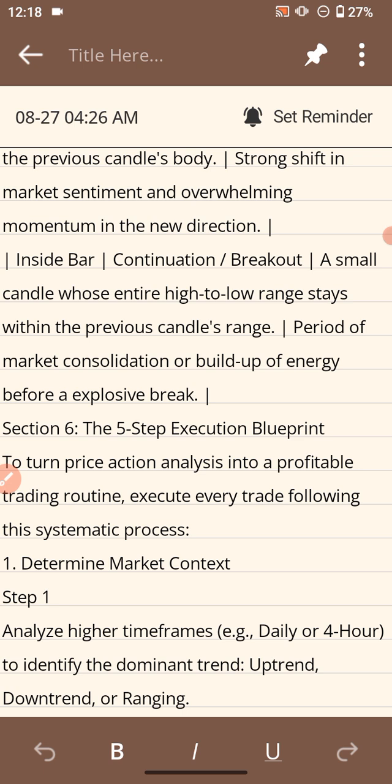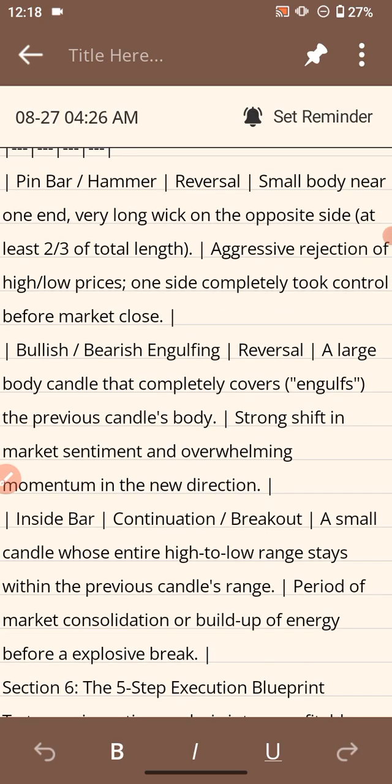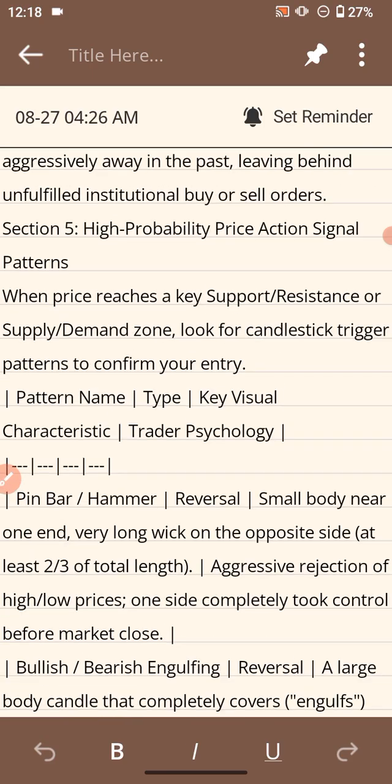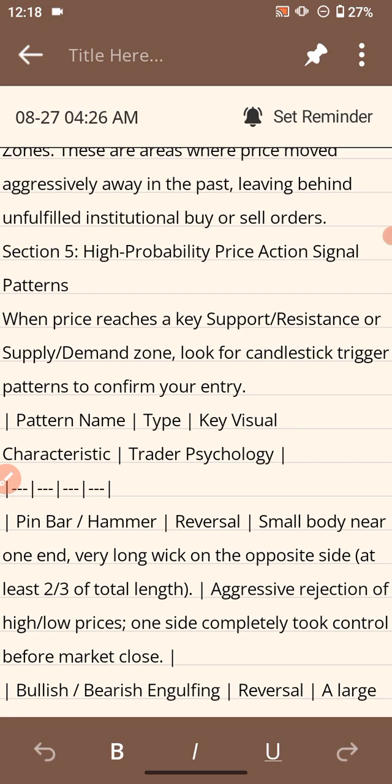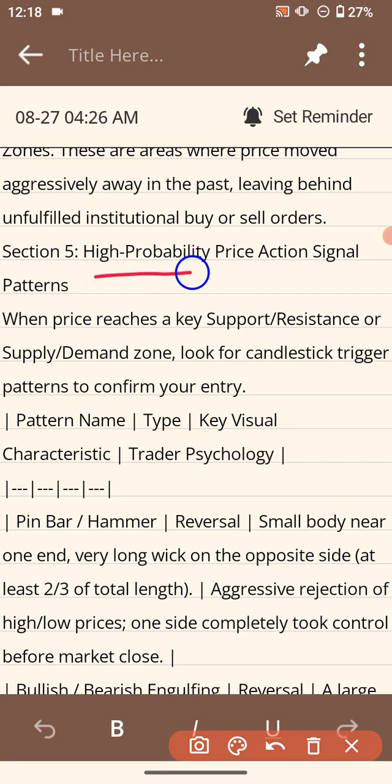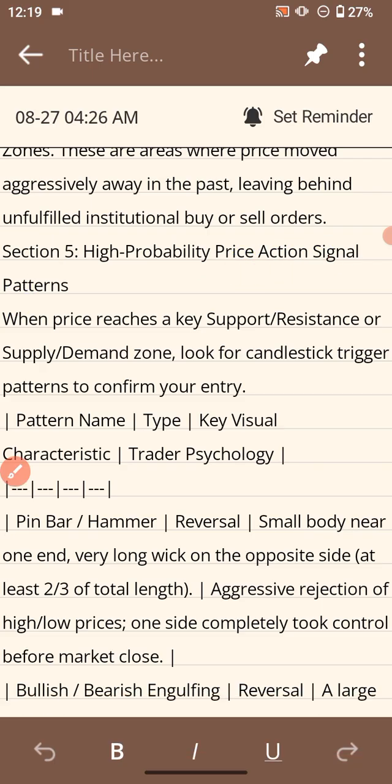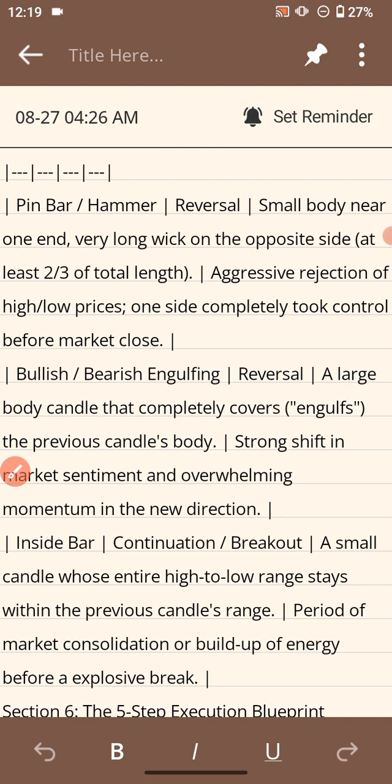So we are told to use the inside bar candle as a continuation, a breakout signal for entry. Okay, remember we are learning patterns to use to enter. That is section 5, the high probability price action signal patterns, so we can use to enter the market.